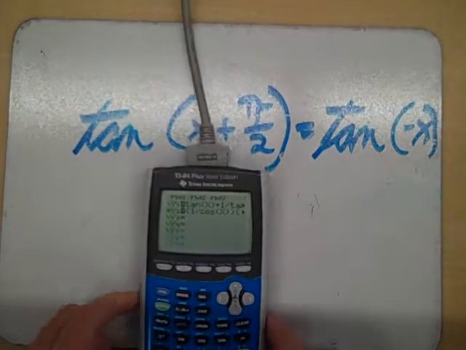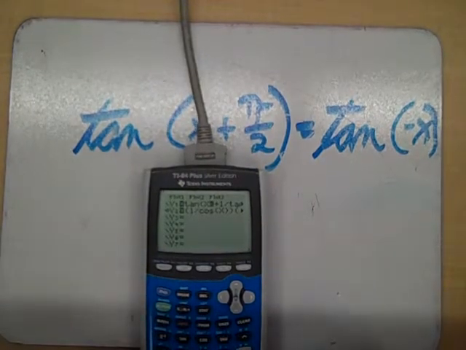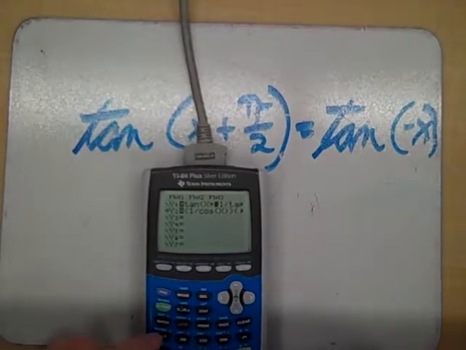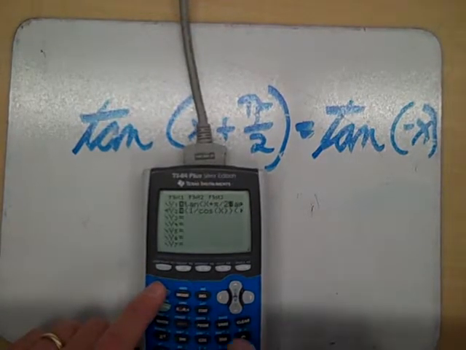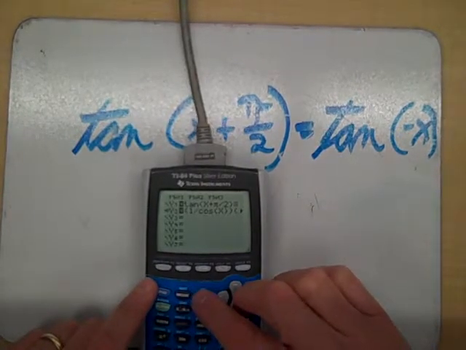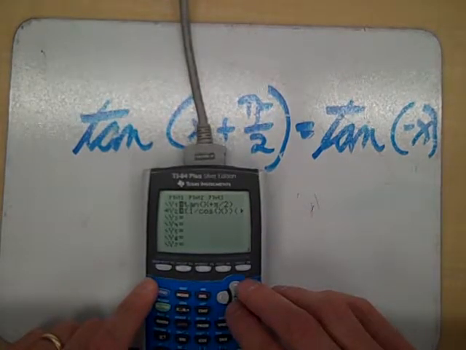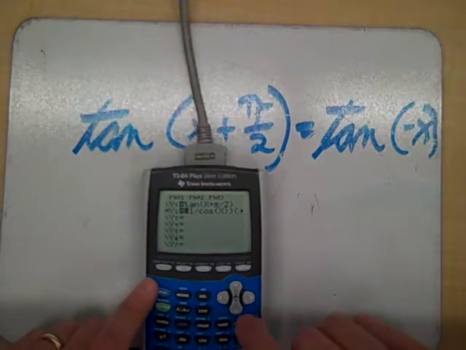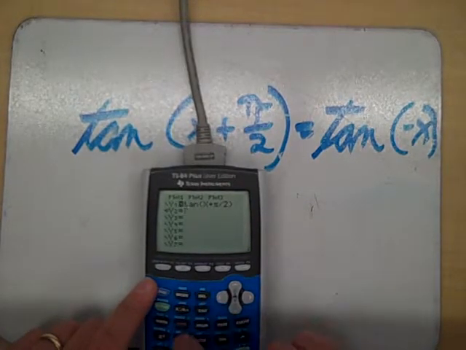Hit the y equals button here and enter tan of x plus pi over 2. Let me delete everything here. Okay, and let's clear that equation, and let's do tan of negative x.